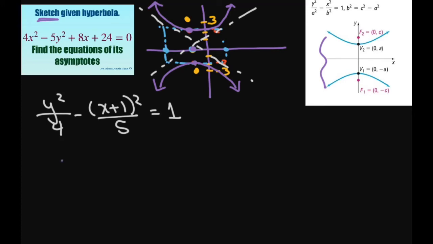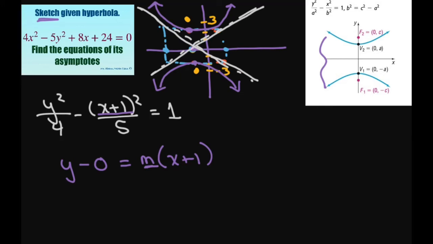So we take our y minus 0 equals, and then you're going to do m, that's your slope, times x, whatever's here, plus 1. So you just copy that down and you need your slope. Well, the slope is just going to be this number here squared. It's going to be plus and minus, by the way, because we have two asymptotes. We have this one and this one that goes through that center.